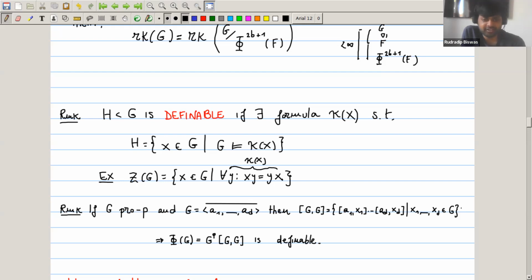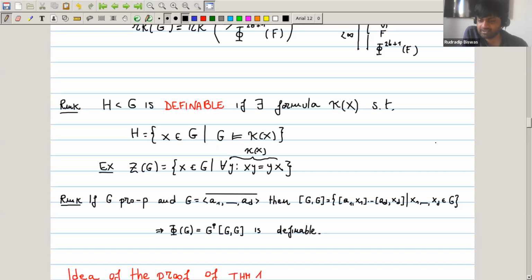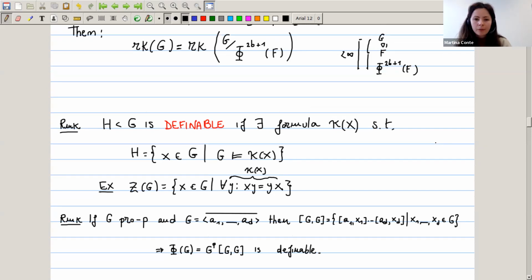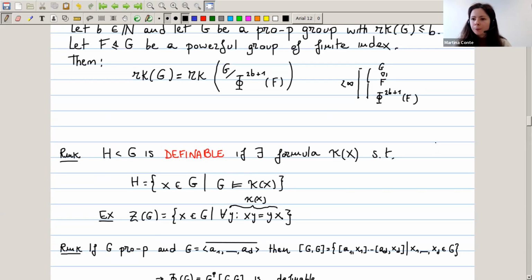Let me ask an extremely naive question. What's beyond pro-pi groups? For example, one might consider, and this is more related already to the pro-p analytic case, more general analytic groups, like R-analytic groups.